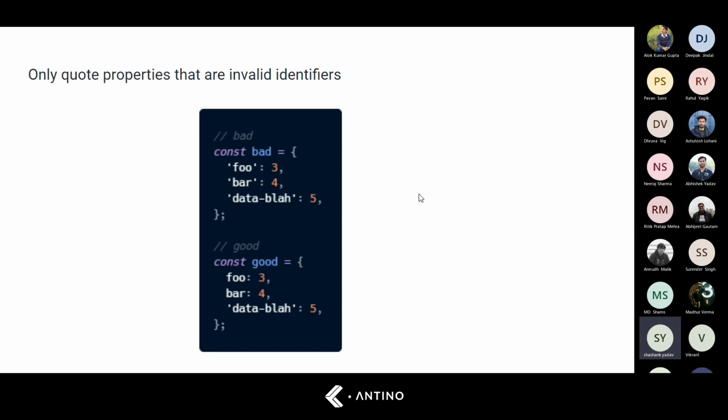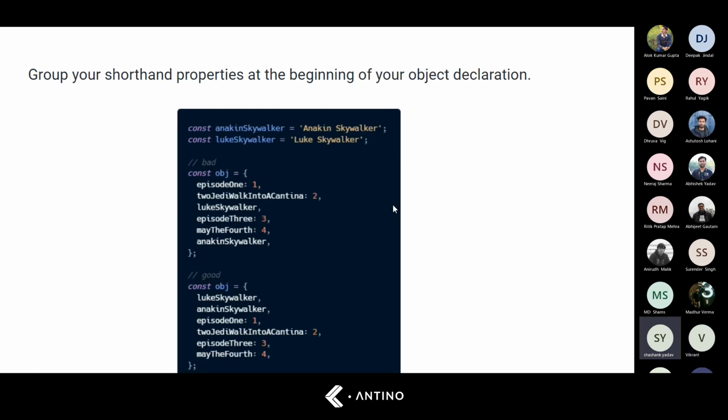Just a minute, Vikrant. Can you go to the previous slide? Yes, here it is. So here, the first one is the bad approach in terms of readability. While reviewing the code of developers in Antino, what people used to do is they don't segregate the library imports from the imports of their own custom modules. They import libraries and also custom functions and utility files in the same area.